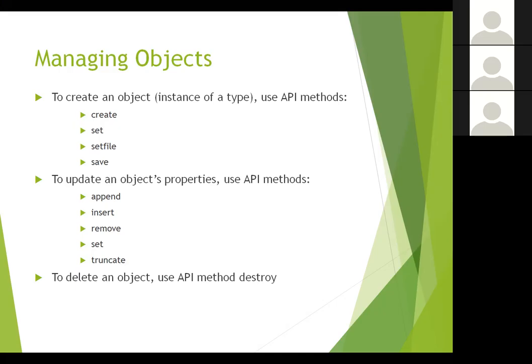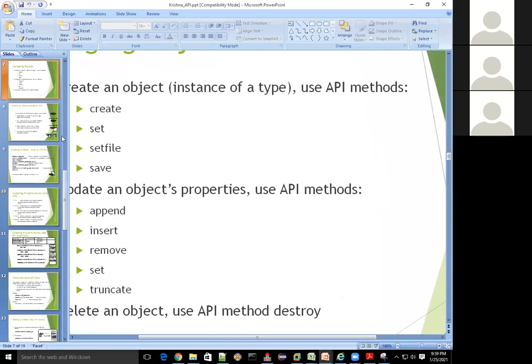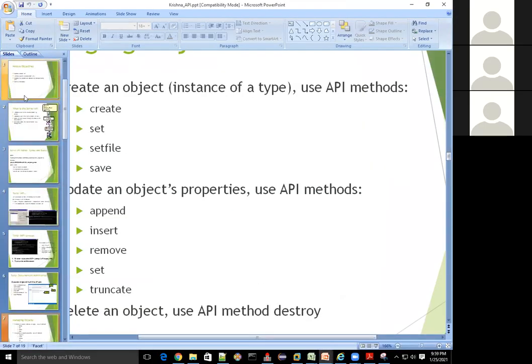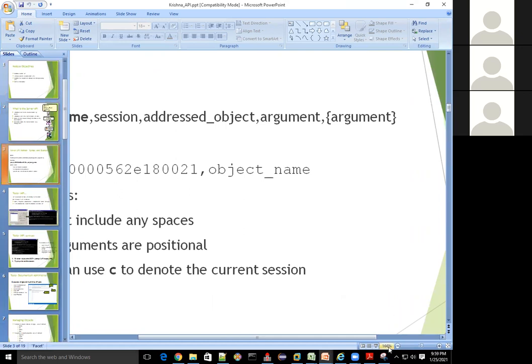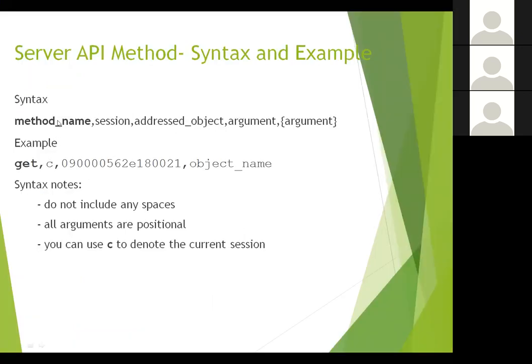This is the way of writing a command: method name, comma, session, comma, object ID, and then the argument. Here the method name is get, comma, session, comma, object ID, then comma, object_name. So far you saw the get command.